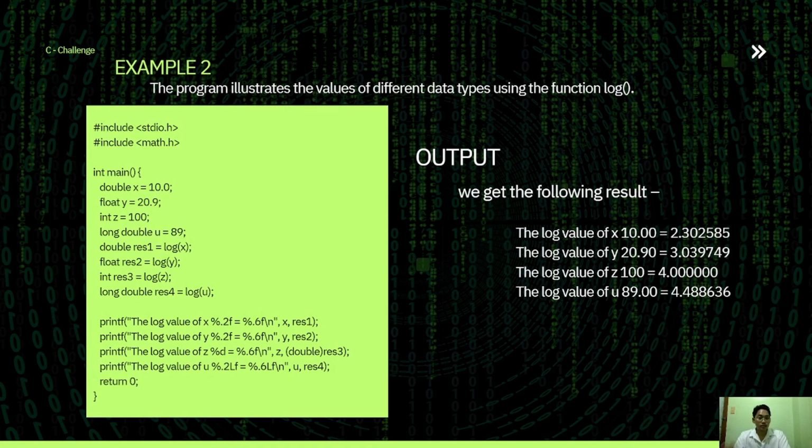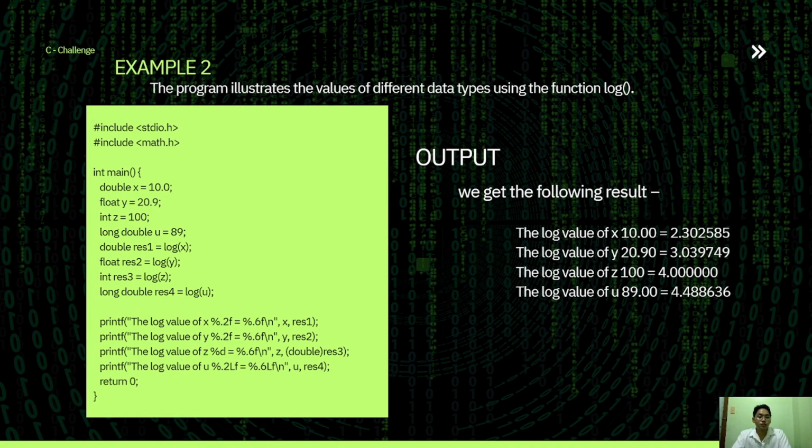Example number two. The program illustrates the log value of different data types using the log function. Double x is 10.0, float y is 20.9, int z is 100, and the float value of u is 89. It prints the results for the double x, float y, int z and u. We get the following result.